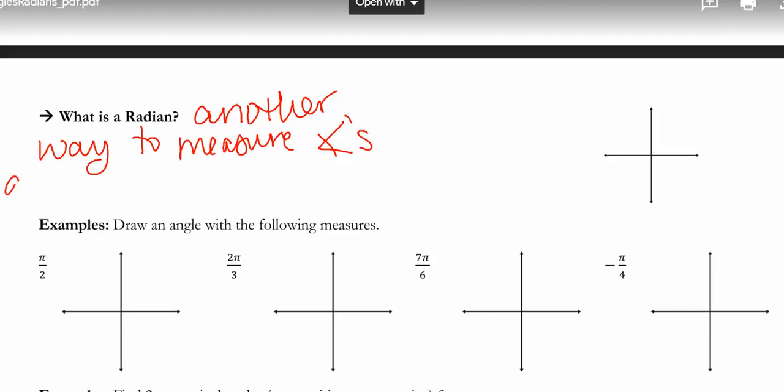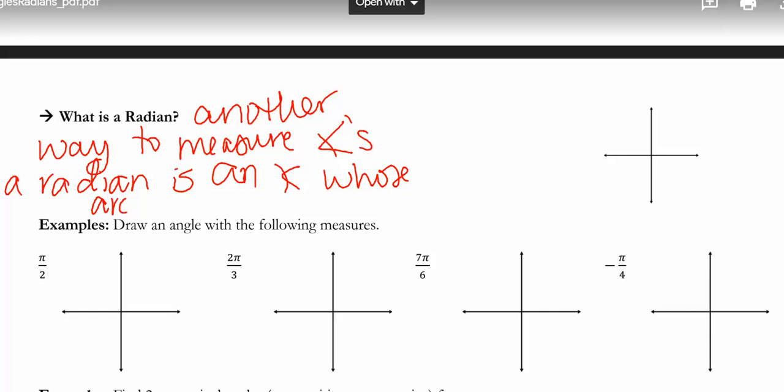A radian is an angle whose arc length equals the radius of a circle.